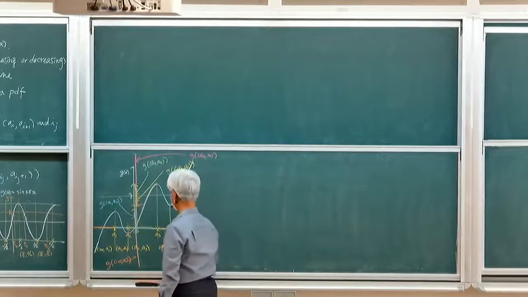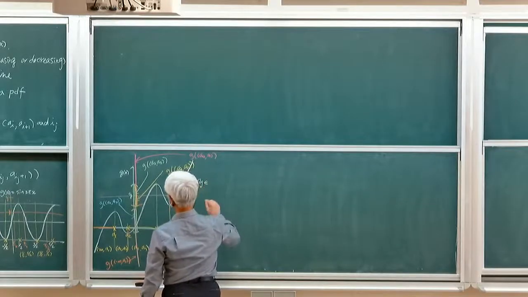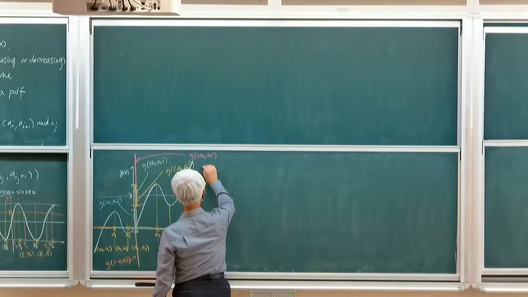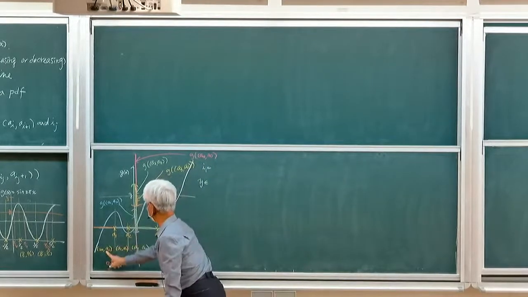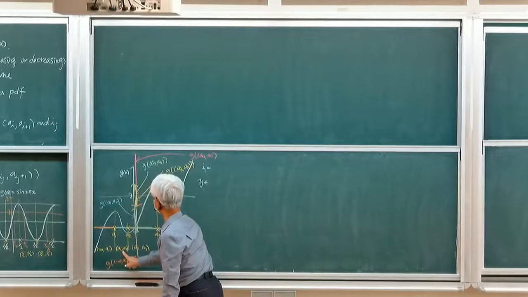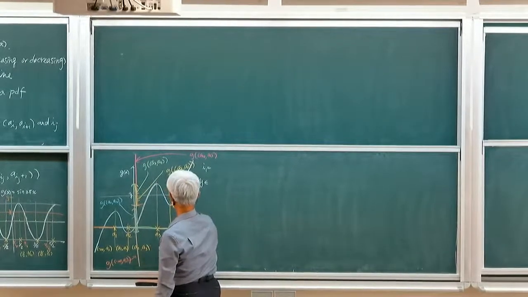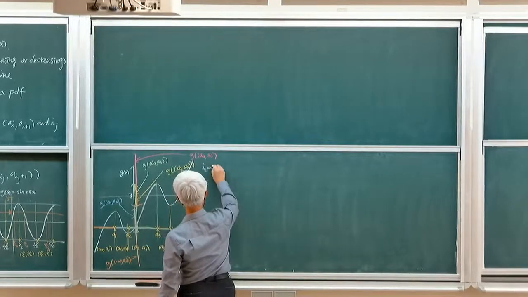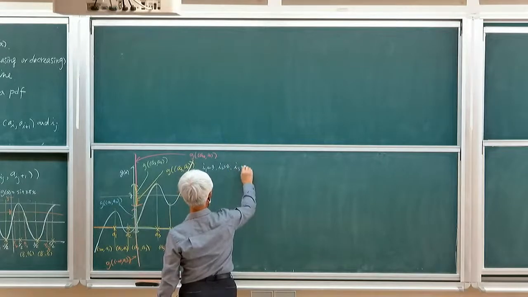So in this particular situation, I1 is 3, I2 is 4, I3 is 5.